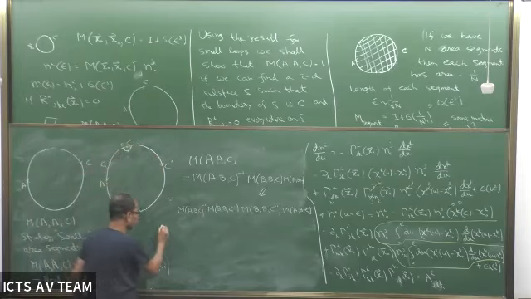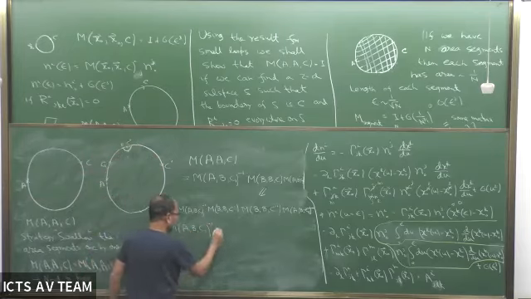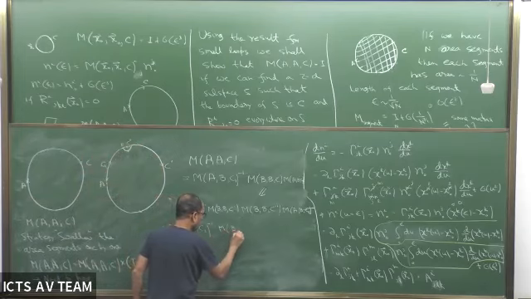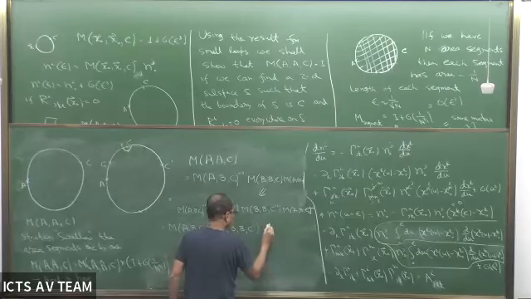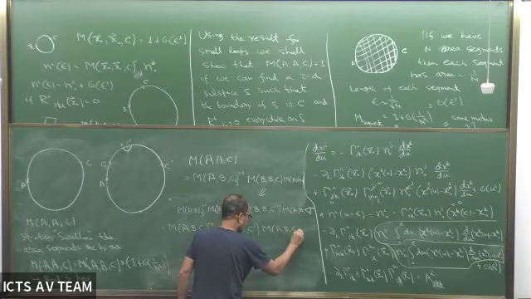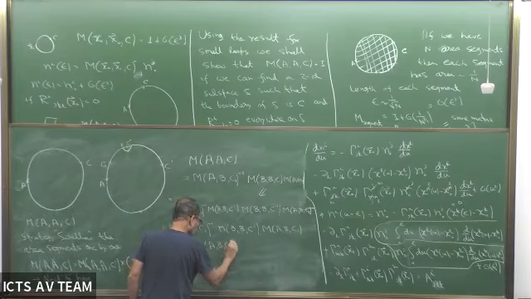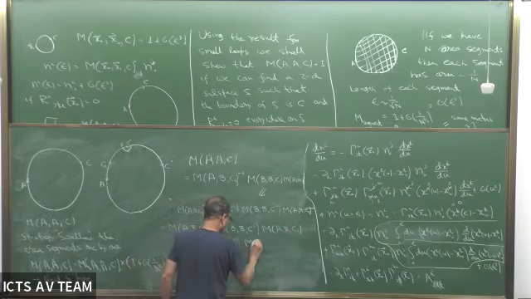So this gives you M A B C1 inverse, M B B C prime, and then I'm going to insert M A B C1, M A B C1 inverse, and then M.